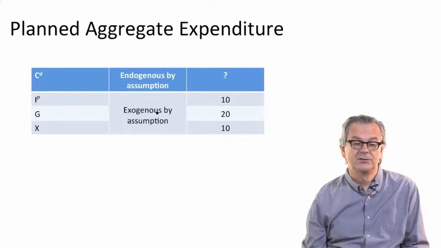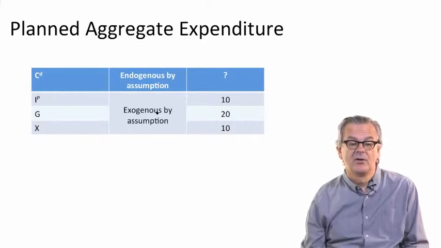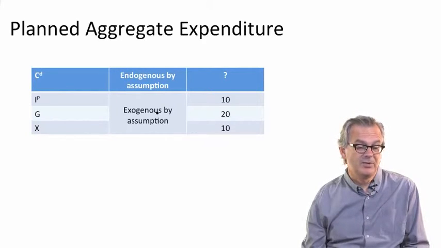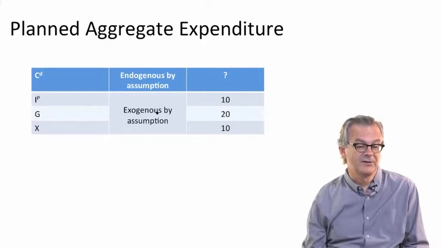So households' contribution to planned aggregate expenditure is their consumption. Now remember, the little superscript D next to consumption reminds us that this is consumption spending on domestically produced goods and services. We have firms' investment plans, we have government expenditure, and we have the expenditure plans of foreign residents on domestic exports.